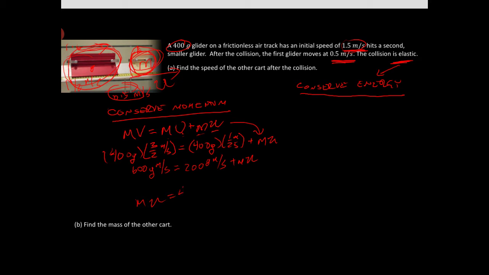So that's 400 gram meters per second. So that starts off pretty well. So we can get that product, the momentum. This is just the momentum of this yellow glider, which I've completely covered in red marks, after the collision.